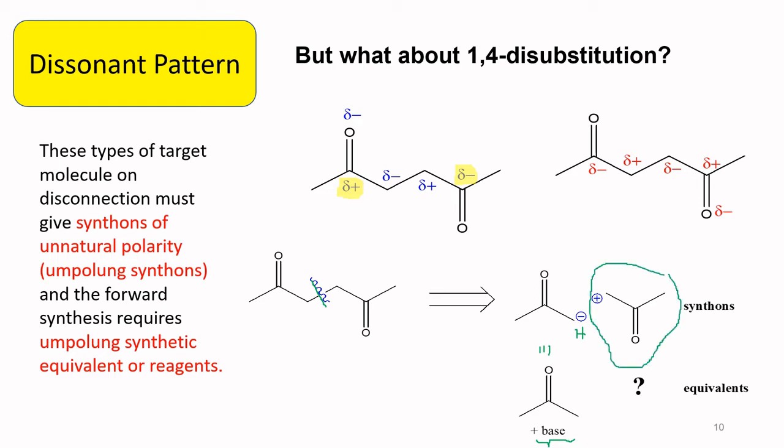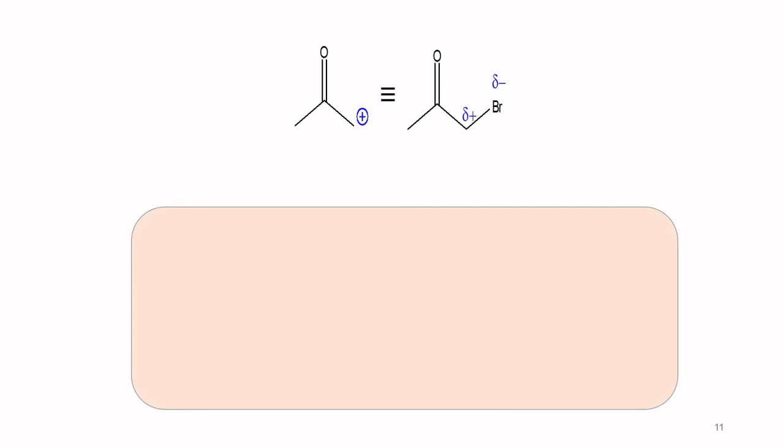What is the correct equivalent for it? Since it is positive, we need to balance it with a negative atom. We can complement the synthon by adding a bromine atom to the compound, so this is plus and the bromine is minus. This is the synthetic equivalent of that synthon.